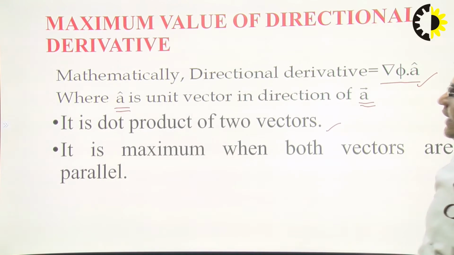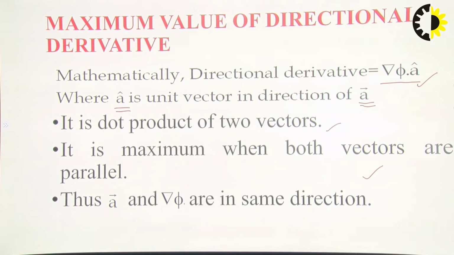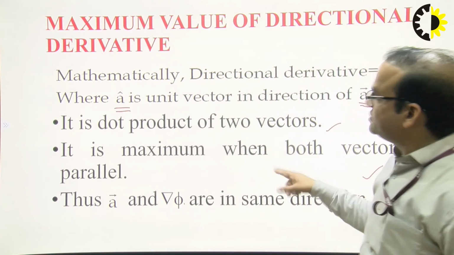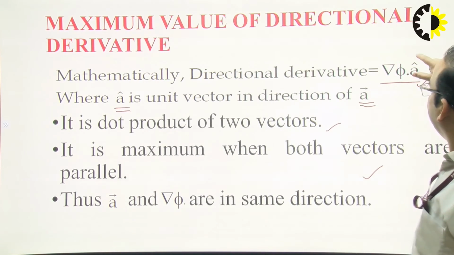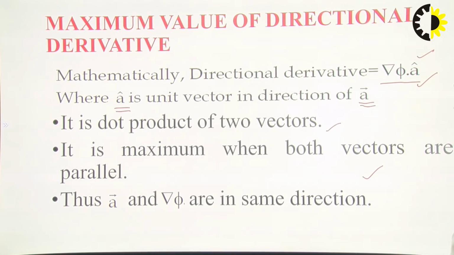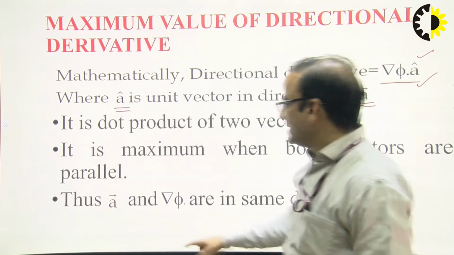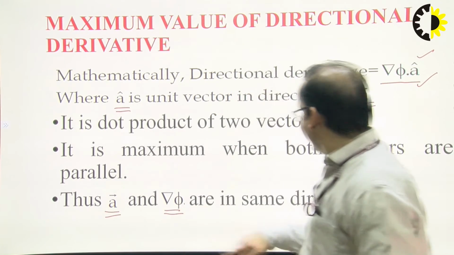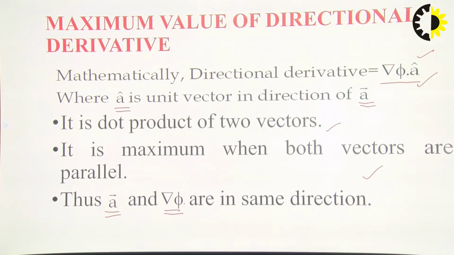So therefore, it is maximum when both vectors are parallel to each other. Therefore, we take the directional derivative in the direction of the unit vector A for the given vector A. So these two vectors should be in the same direction, and in this case, this will give you the maximum magnitude.